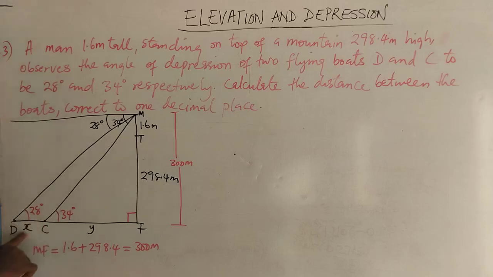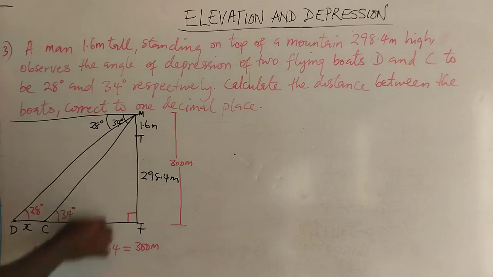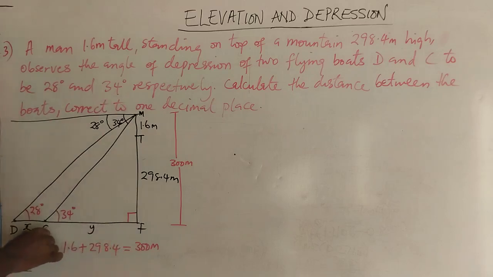Before we go into finding the value of x, let's find the value of y. That is the smaller triangle. Let's find the value of y because we'll need it when we are looking for the value of x, which is the distance between the two flying boats.